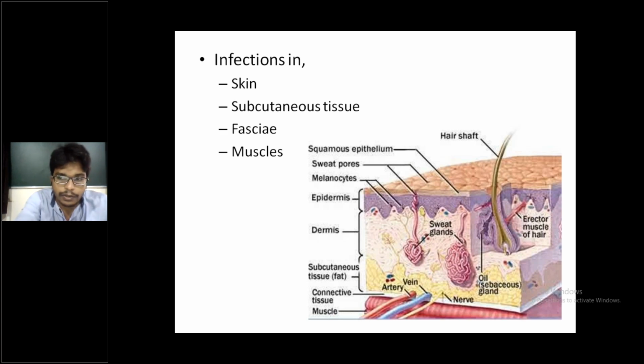See, from below we are coming up: muscle. We have seen pyomyositis and skin abscess present in muscle, subcutaneous tissue and connective tissue. The necrotizing fasciitis we have come across, and in subcutaneous tissue, dermis and epidermis, cellulitis.